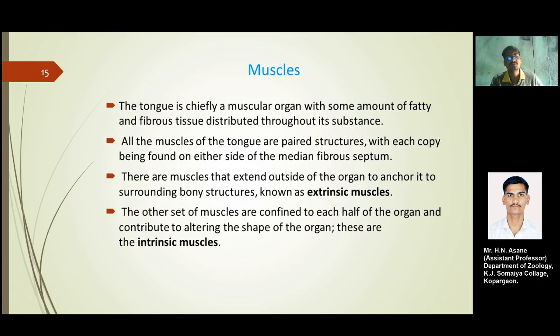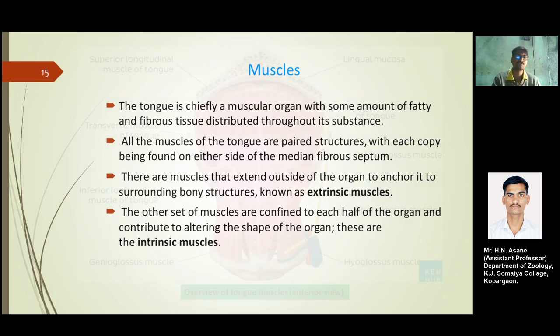The other set of muscles are confined to each half of the organ, and they contribute to altering the shape of that organ. Okay, and these are the intrinsic muscles. So there are two types of muscles, the extrinsic muscles as well as the intrinsic muscles. They provide extra support as well as the muscular structure for the organ.